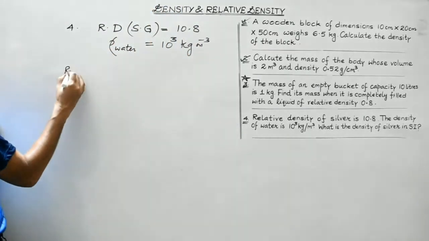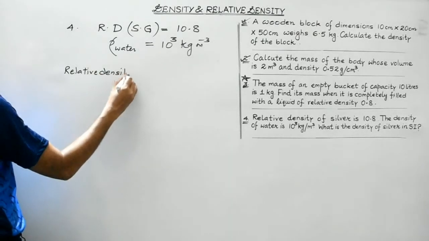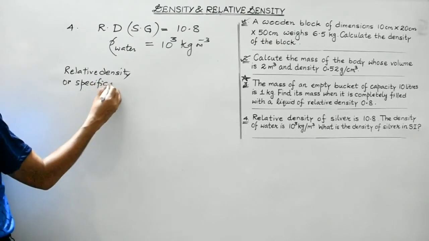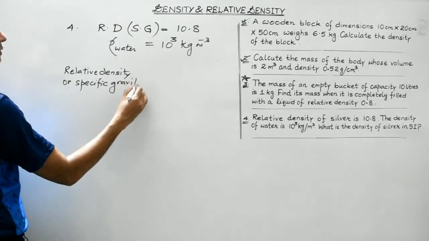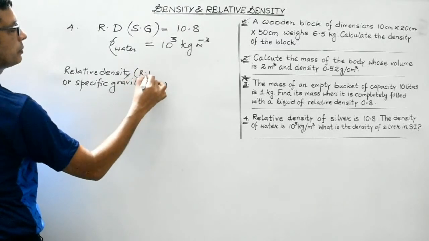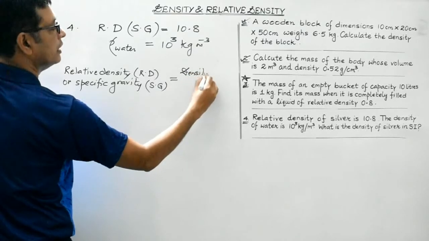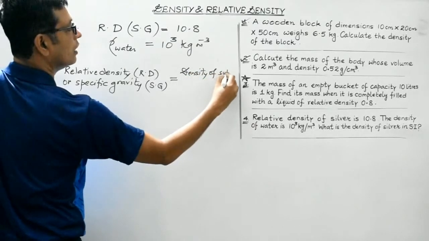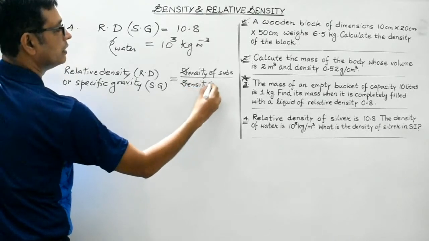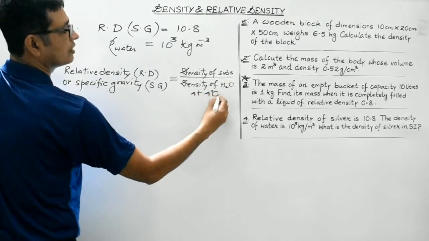So this is the formula. Relative density or specific gravity can be written as Sg, and relative density may be represented by RD. It is given by density of the substance divided by density of water at 4 degrees Celsius.